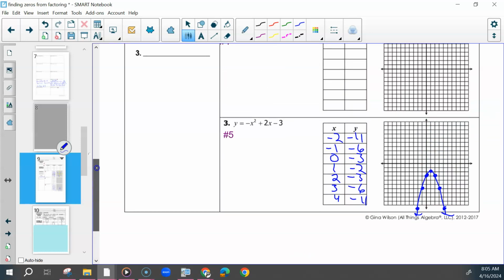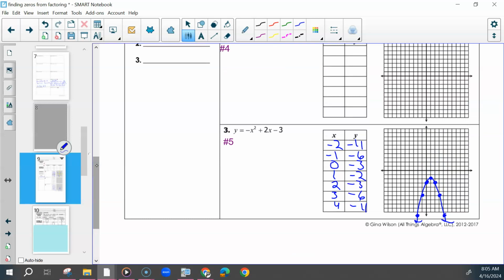What are our solutions for this one? Do we have any? It doesn't cross the x-axis at all.